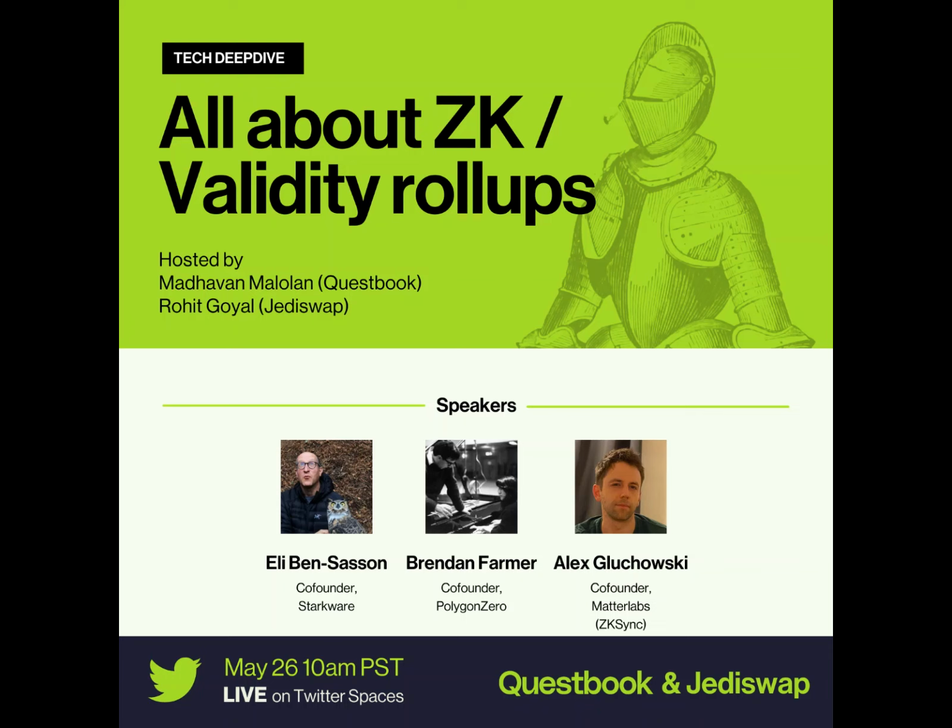Whereas SNARKs are much cheaper to verify, 500, 600,000 gas, but they involve this trusted setup ceremony, which most people reuse from existing trust, like the existing ceremonies. We use the one called Ignition, organized by Aztec 2 years ago, where Vitalik Buterin participated. A lot of famous people participated, something like 200 participants, and if at least one of them was honest, then it's safe. But that's roughly the biggest practical difference today.